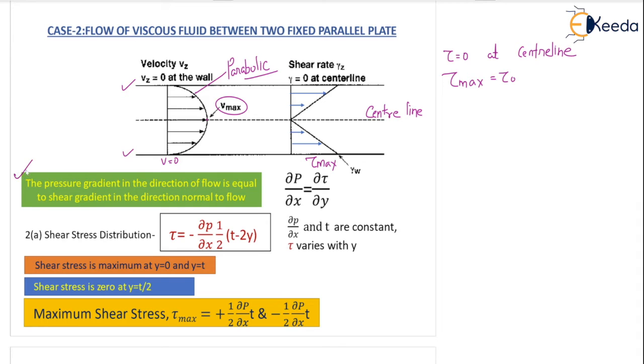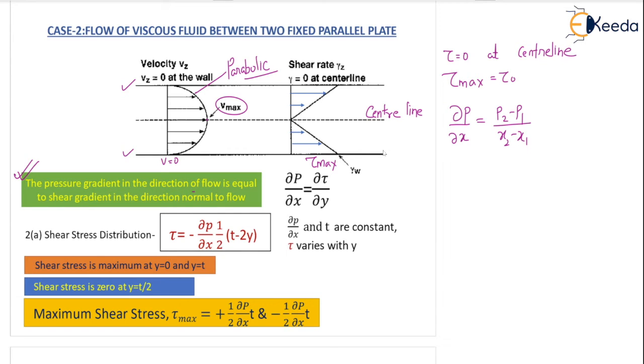Look at this note here. The pressure gradient in the direction of flow is equal to the shear gradient in the direction normal to flow. Pressure gradient is always written as dou p by dou x, which is p2 minus p1 by x2 minus x1, correct?